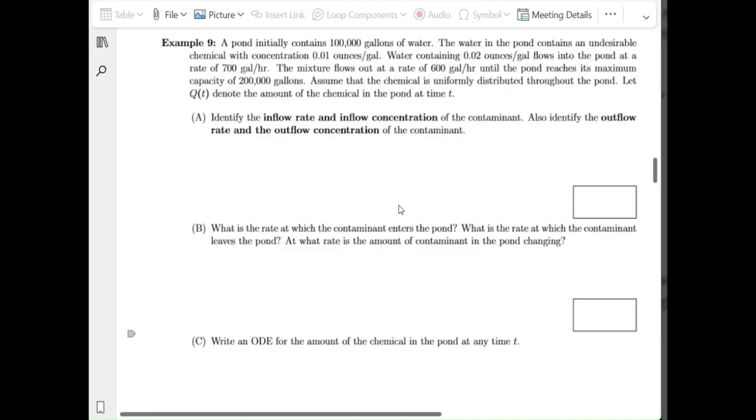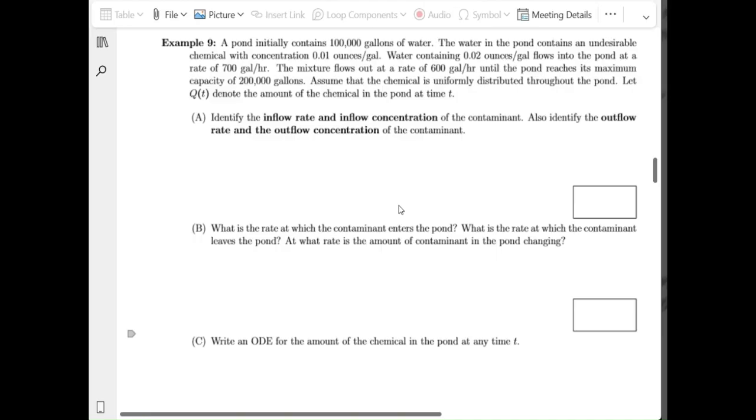The mixture flows out at a rate of 600 gallons per hour until the pond reaches its maximum capacity of 200,000 gallons.